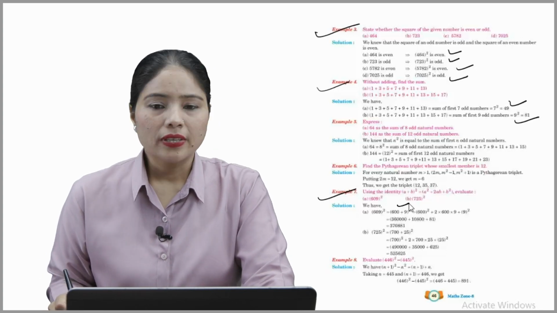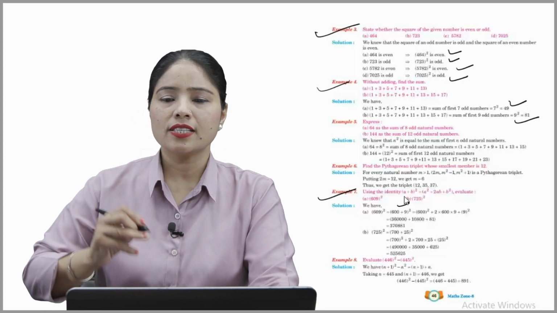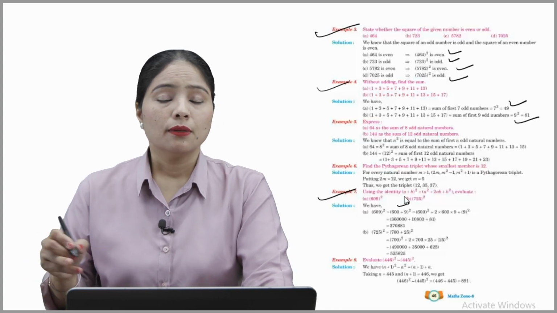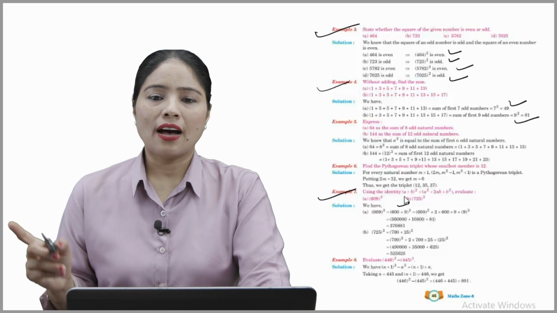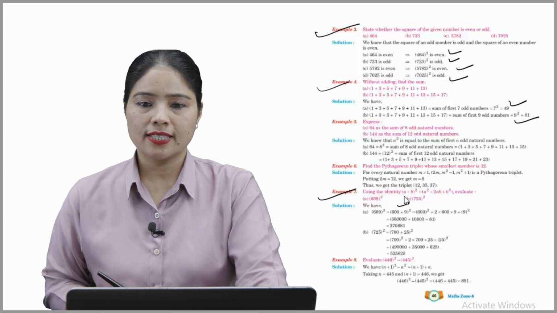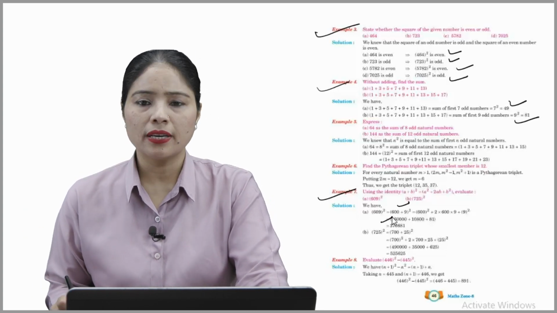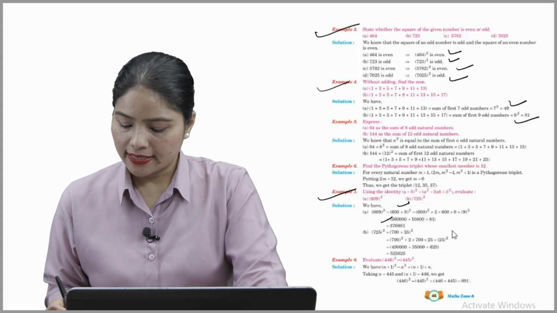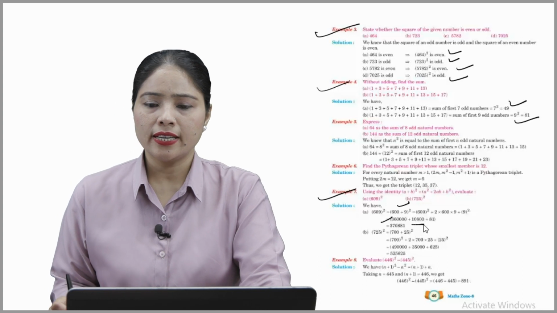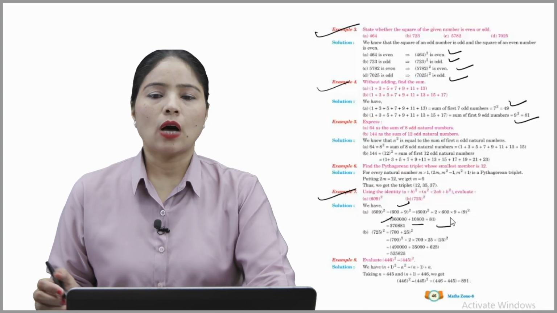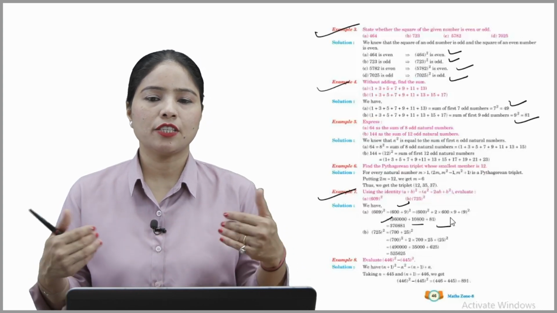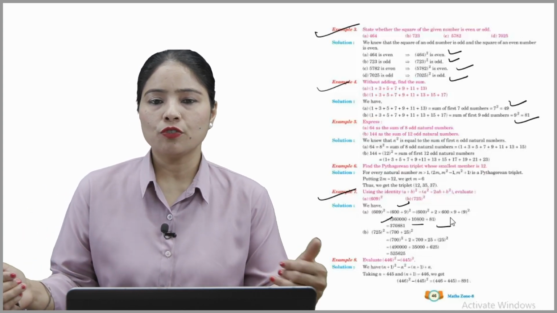After that, 600 square plus 2 into 600 into 9 plus 9 square. So after multiplying 600 and 600 we just get that number, and 2 into 600 into 9 is like this number 10,800, and this is 81. Now add all the numbers together and the answer is 370881 beta. I hope you understood well.